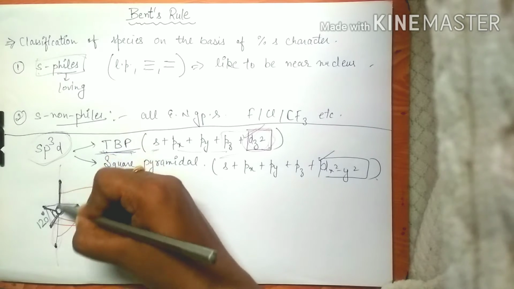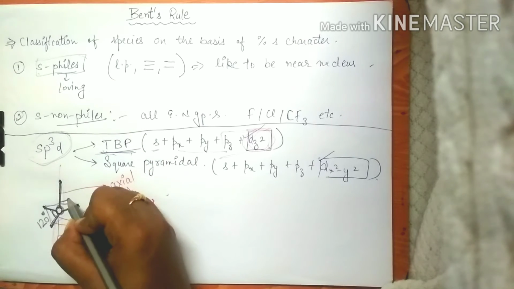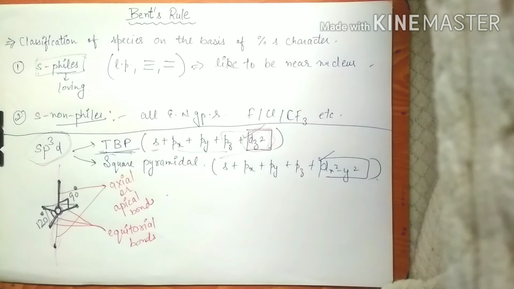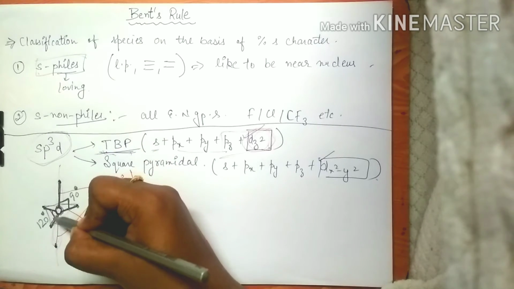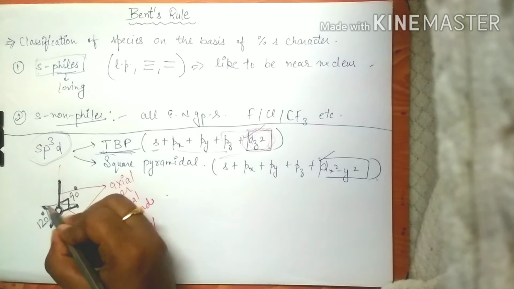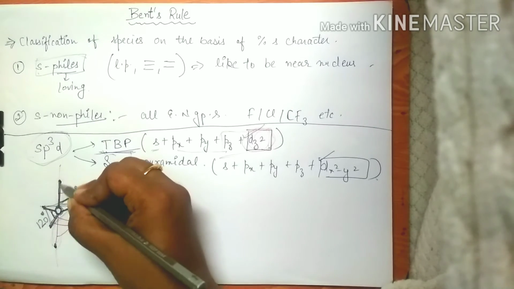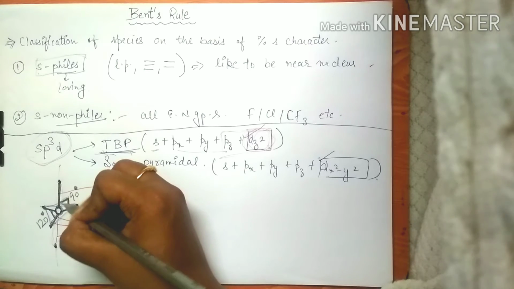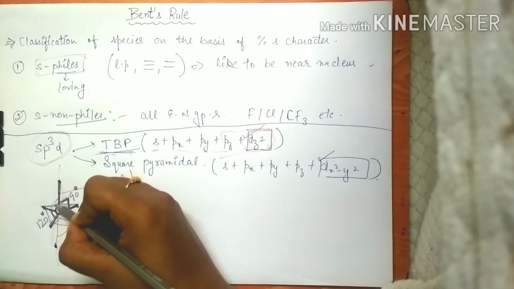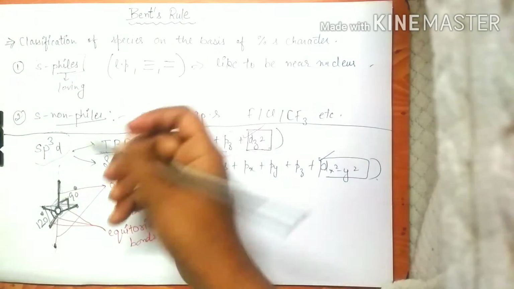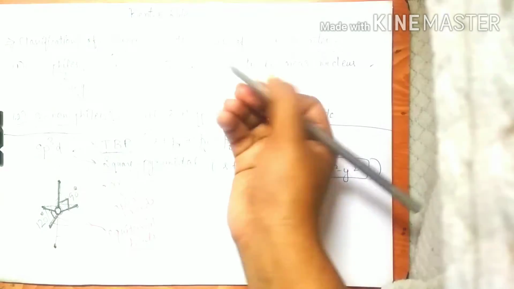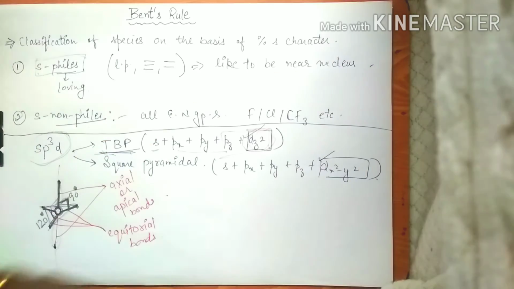The angle between this bond and this bond will be 120 degrees. And the angle between the bond from the central atom to the atom present above this plane and the bond from the central atom to one of the atoms in the plane will be 90 degrees. This angle will be 120 and this angle is going to be 90 degrees, because these three atoms are in the plane and this one is above, making an angle of 90 degrees with this bond. Similarly with this bond also, and with this bond also. With each of these three bonds, this bond has an angle of 90 degrees.